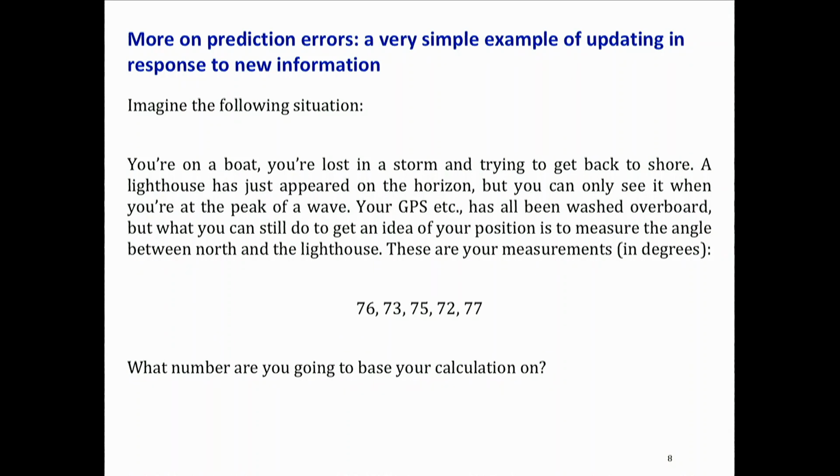Now, you're going to have to do your calculation. What are you going to base your calculation on? The mean, exactly. I heard the mean. The mean. That's 74.6. And now, I guarantee you this is not a trick question. How do you calculate the mean?